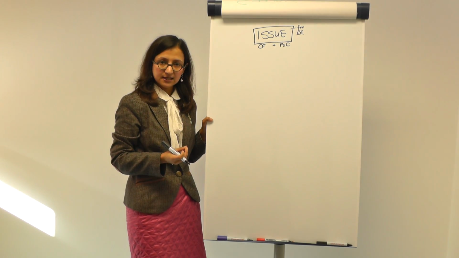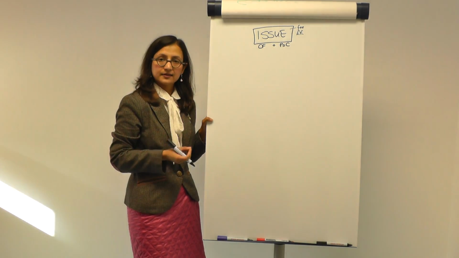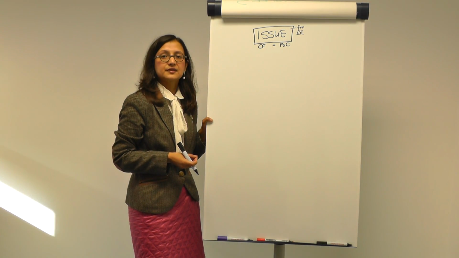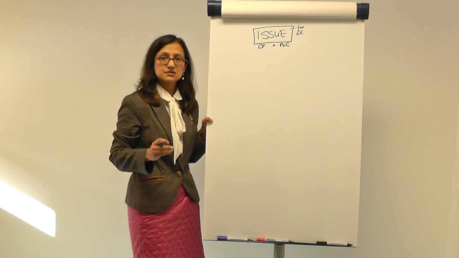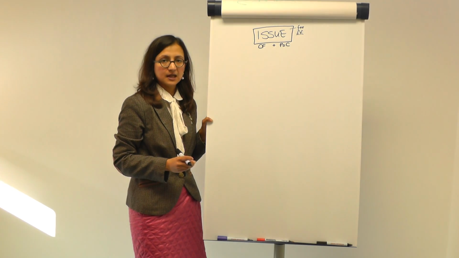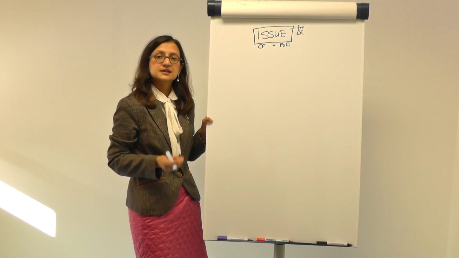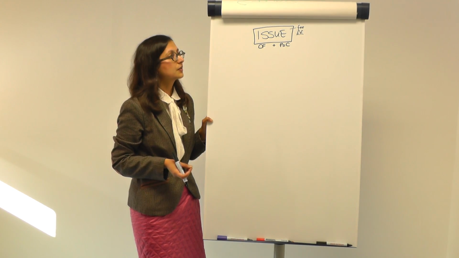If you're starting a claim in the county court, then that gets sent to the processing centre in Salford. That processing centre then issues all of the county court claims in the Northampton County Court. If it's in the High Court, then the High Court officers deal with the proceedings themselves.